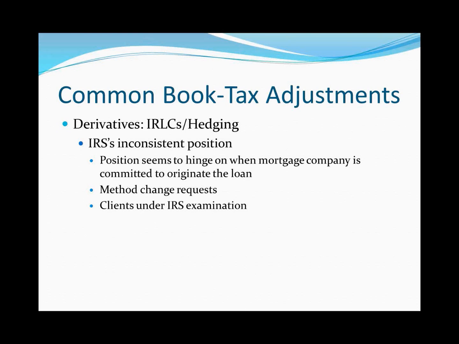The thing that causes pause is that we've had a few clients examined by the IRS on this issue, and it's kind of been mixed results. We had one where they kind of settled on a position where they agreed that it might be a security, but the value of the security was some very small number.